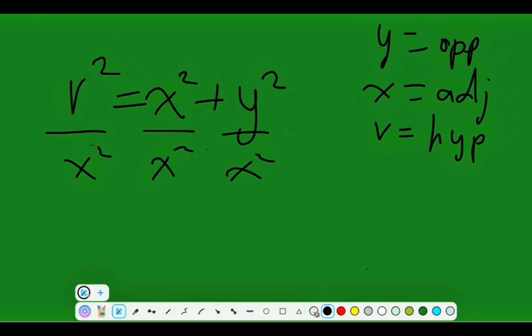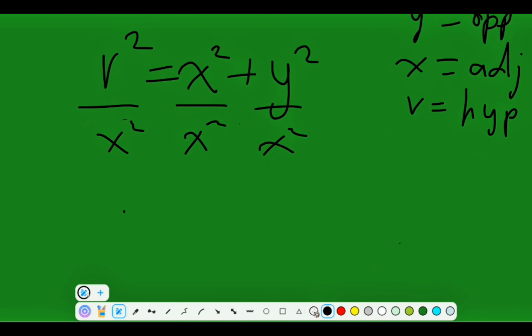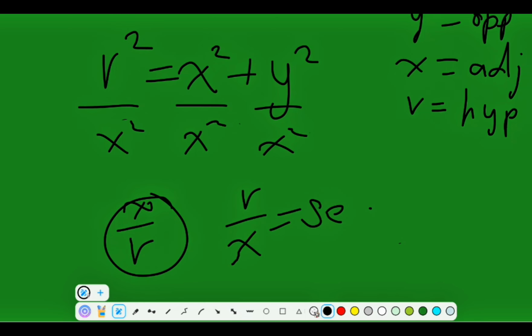The reciprocals of the trig ratios that I mentioned, sine, cos, and tangent, have names too. X over r is cos. The reciprocal of cos, which is r over x, is called sec, secant.